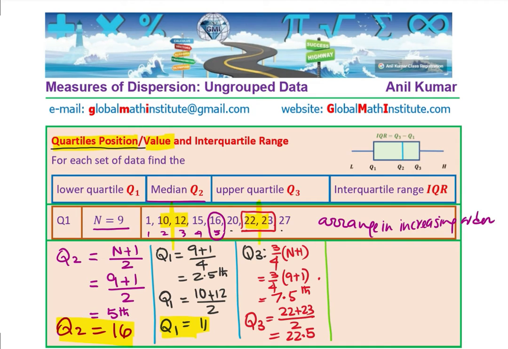Once we have found all the quartiles, we can find the interquartile range. IQR, the interquartile range, is basically the Q3 value minus Q1. In this case, that is 22.5 minus 16, correct? So that is how you are going to find this particular answer. 22.5 minus 16 is how much?